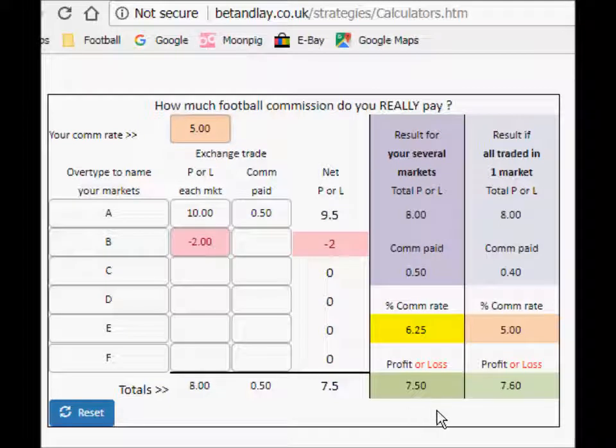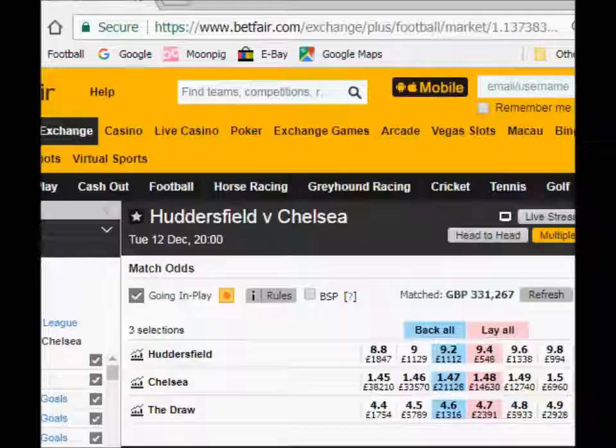So you can see already that it's more advantageous to do all your trade in one market if possible, rather than across more than one market, and things can get a lot worse than that. So we'll have a look at something a bit more drastic now. Okay, let's alter these markets and see what we get.